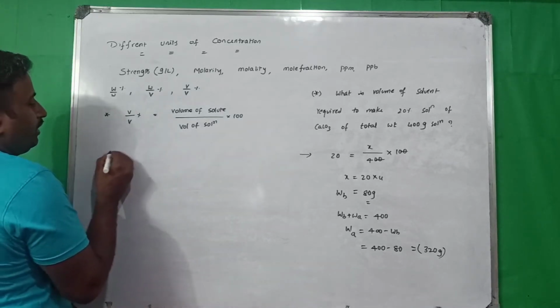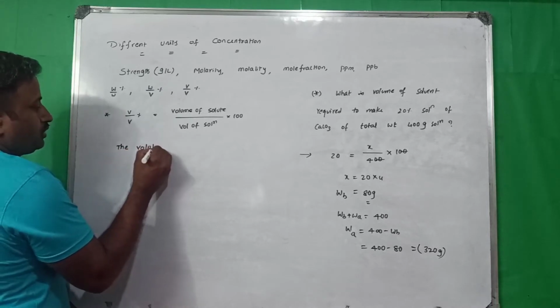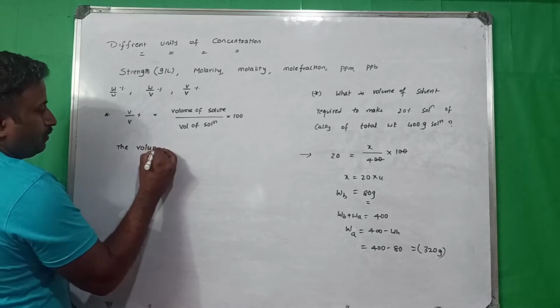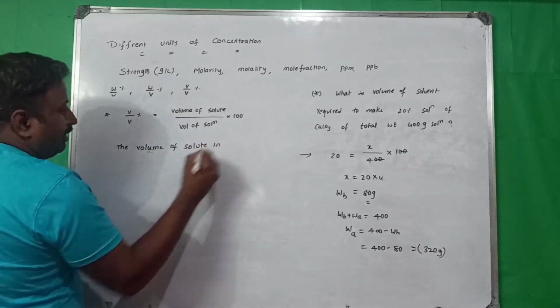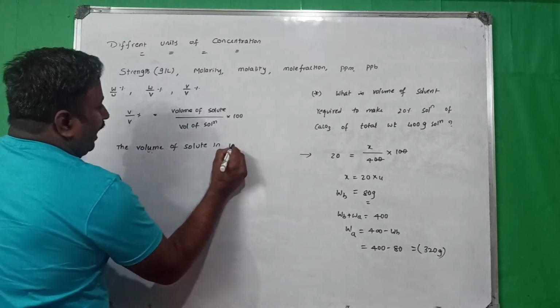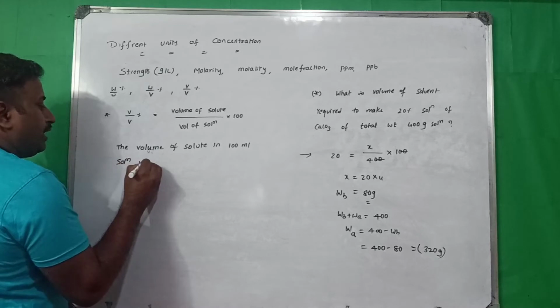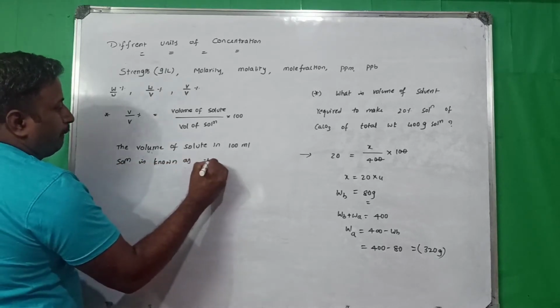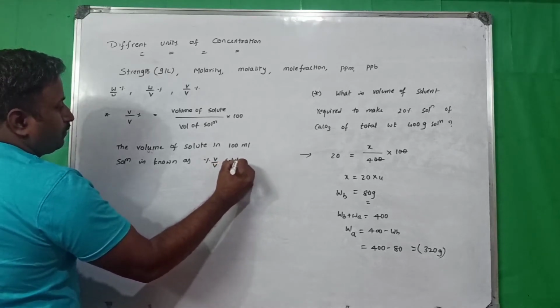Here we can define: the volume of solute in 100 ml solution is known as percentage volume upon volume of solute.